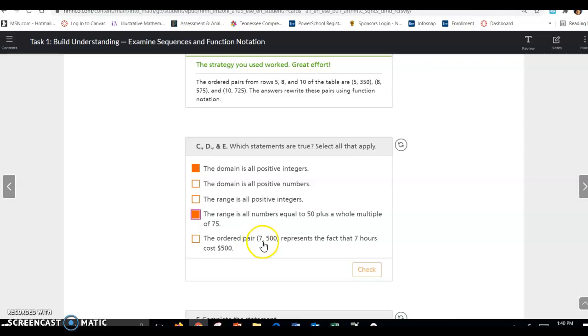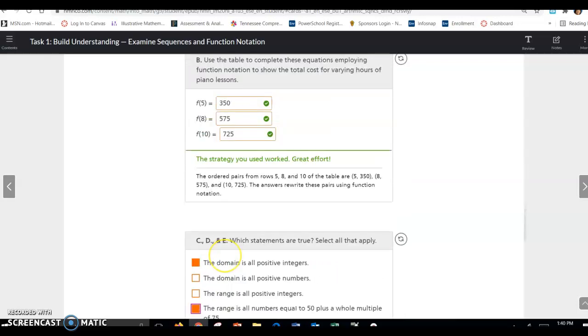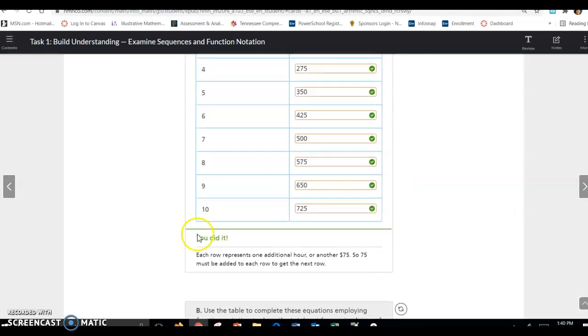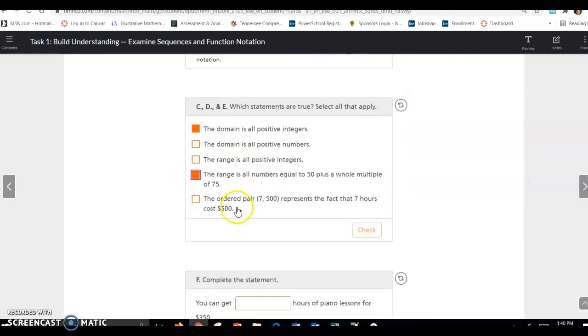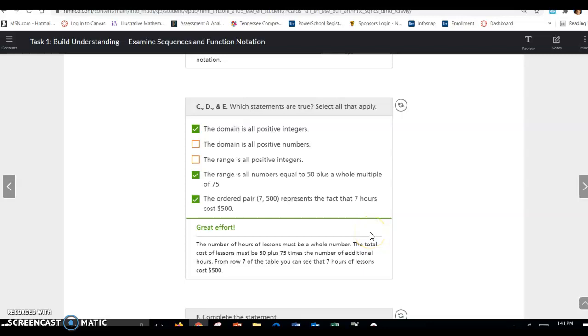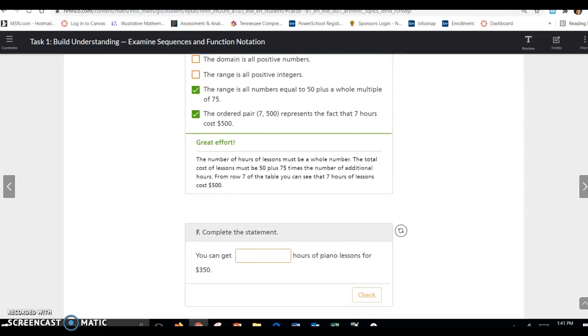And the ordered pair (7, 500) represents the fact that 7 hours cost $500. If we look back up here, 7 hours, $500. So that's just written as an ordered pair, 7, 500. 7 hours cost $500. That one is also true. So there are 3 correct answers there.